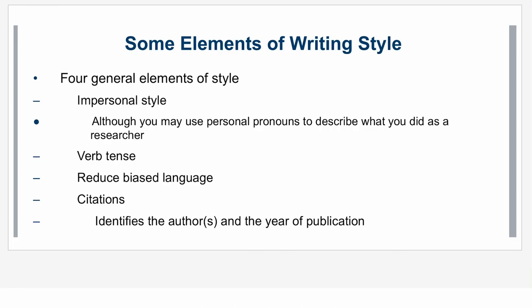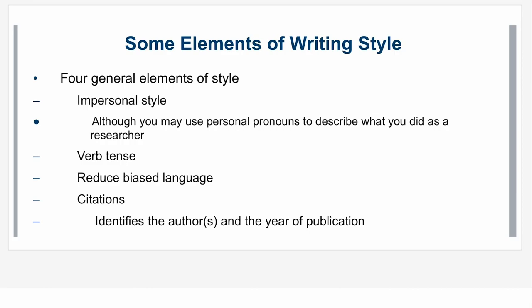That just makes sense because it's research that has already been done. It's results that have already been found. It's things that have already happened. So of course you're going to use past tense. You wouldn't say the participants are, or the participants go into the room; you would say the participants went or the participants were, things like that.